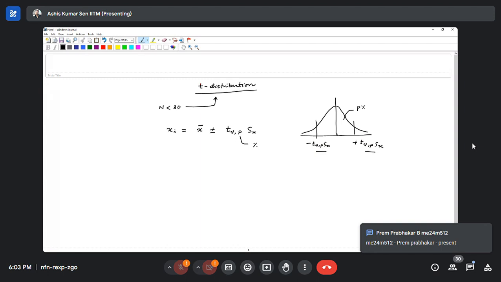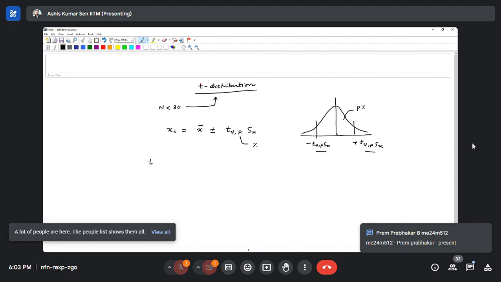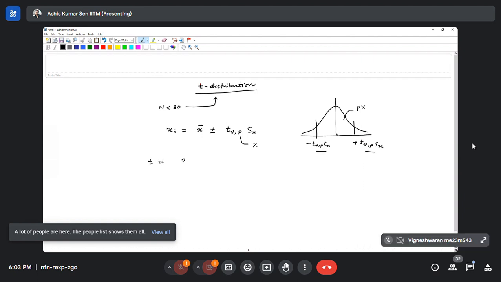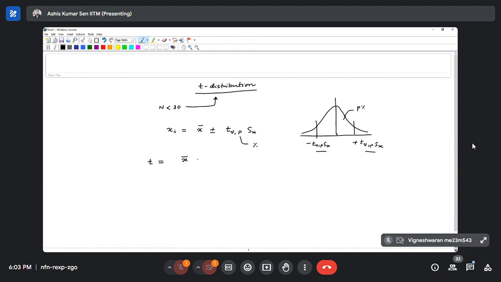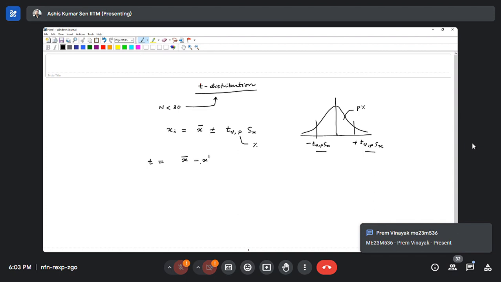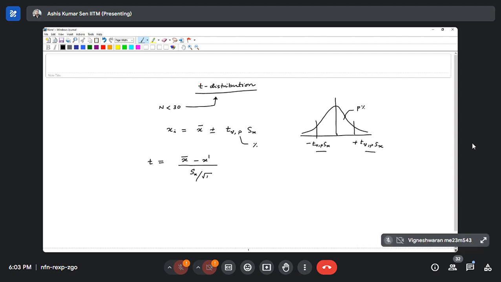We said that the t variable that we defined as t is x bar, which is the mean of a sample, minus the true mean, divided by s_x divided by square root of n.